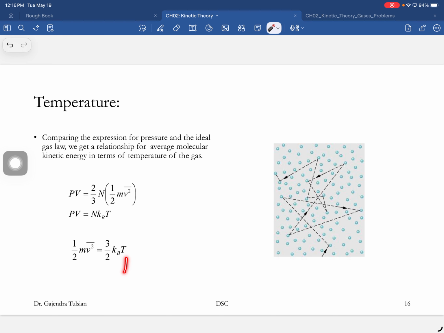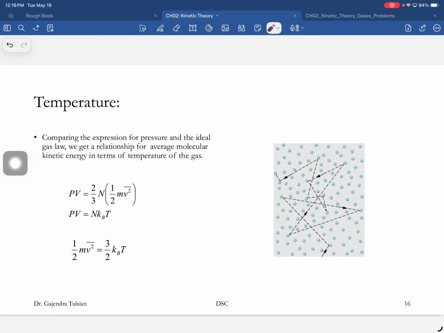So now you have a meaning for the temperature. The temperature of a gas tells you the average kinetic energy per molecule that we had talked about before. You double the temperature of a gas, and you double the average kinetic energy per molecule.